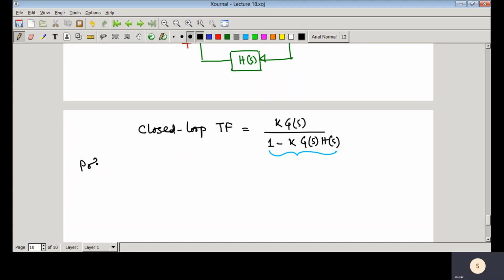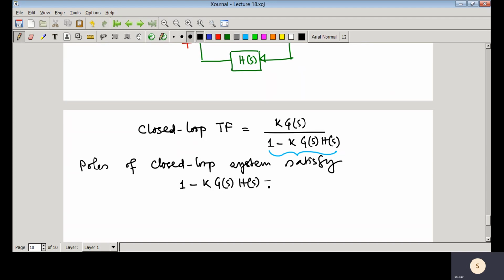So poles of the closed loop system satisfy the characteristic equation, which is 1 minus K G of S H of S equal to 0.